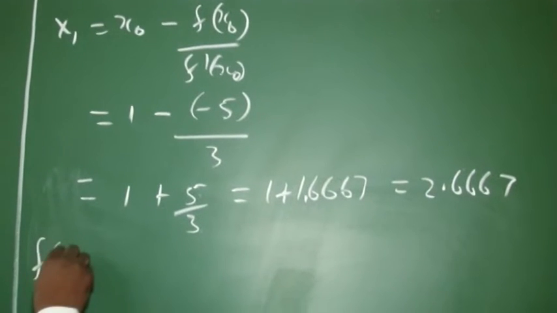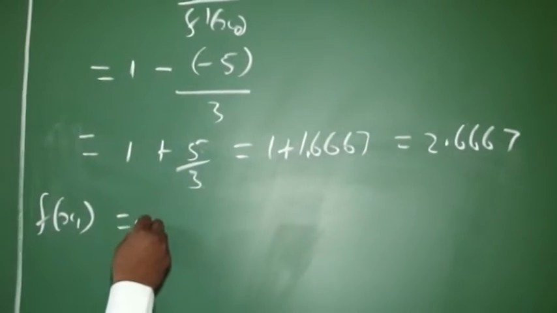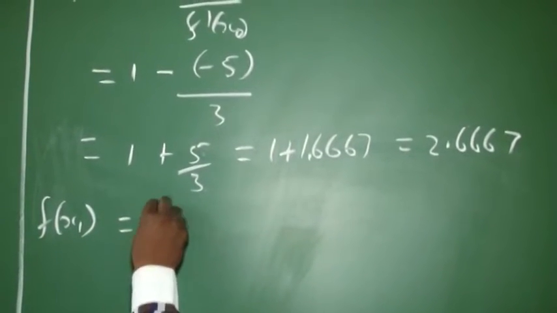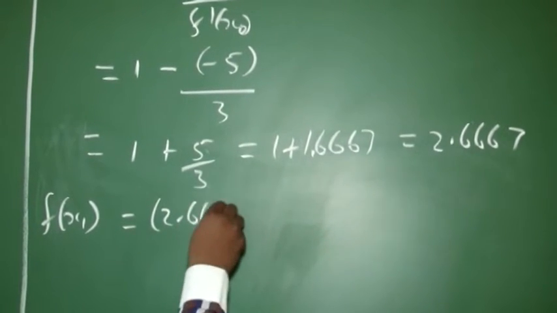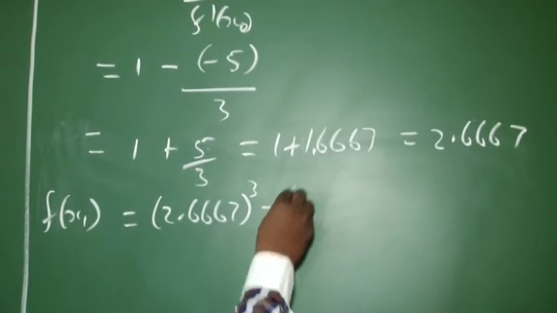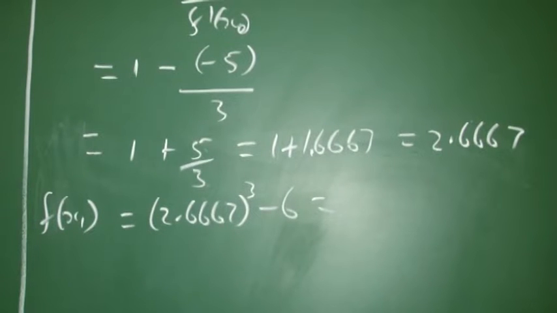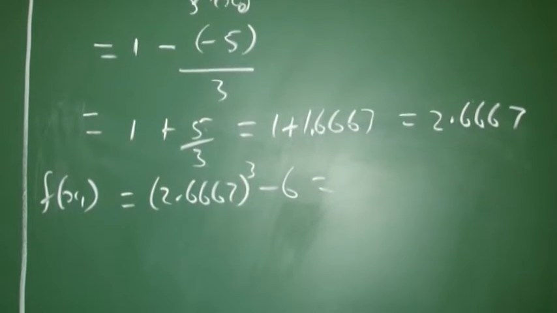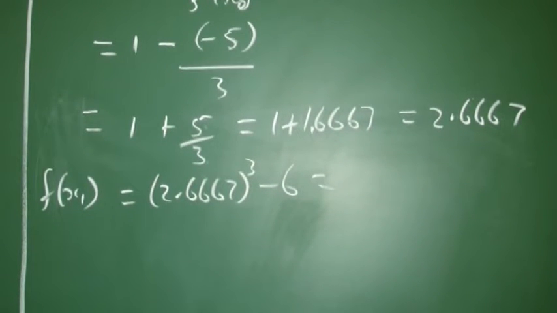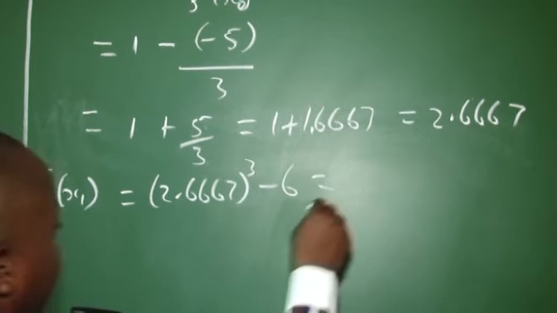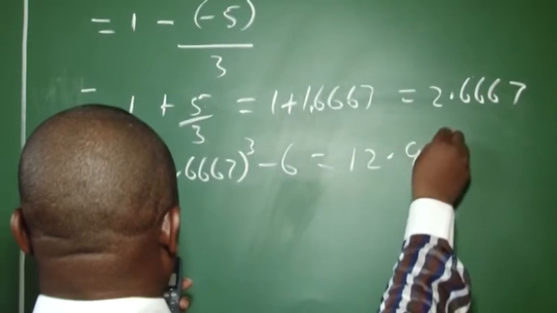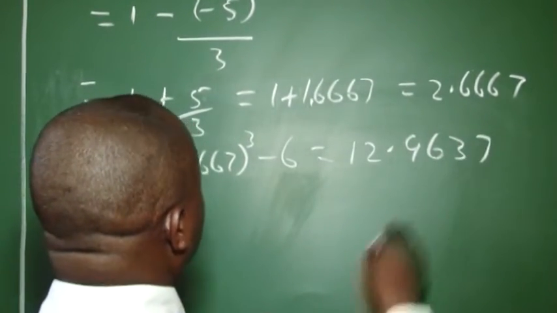Now we find f of x1, which is 2.6667 cubed minus 6. That gives us 12.9637.